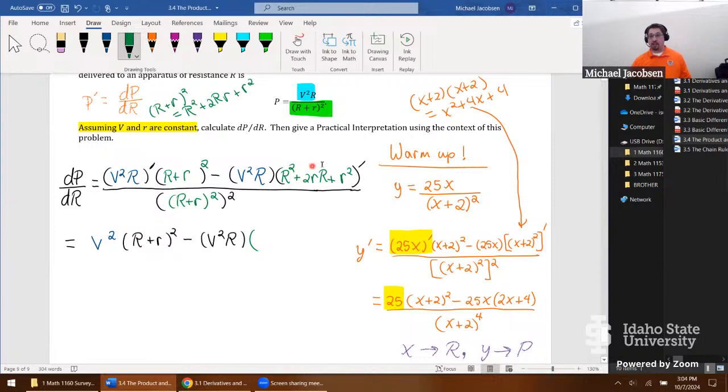For x squared, two r. So that 2r here, two x, R. When we differentiate this thing, that R power 1 will vanish.